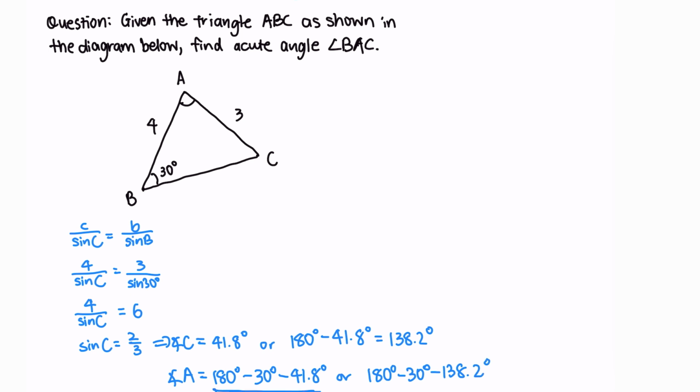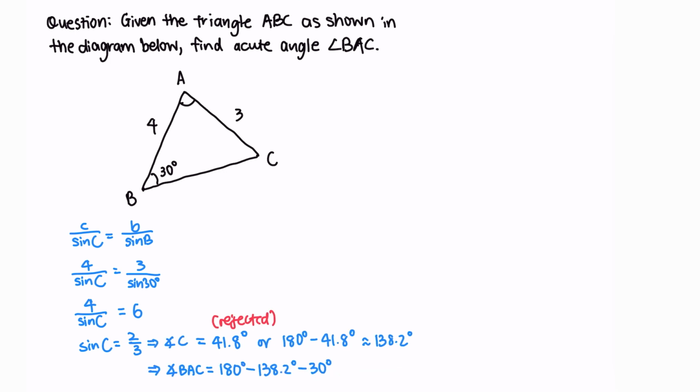And this will get us an angle that is more than 90 degrees. So we probably want to reject that. So if we use this other angle of C, 138.2 degrees, what we should get is BAC, or angle A, would just be 11.8 degrees. So that's your acute angle BAC.